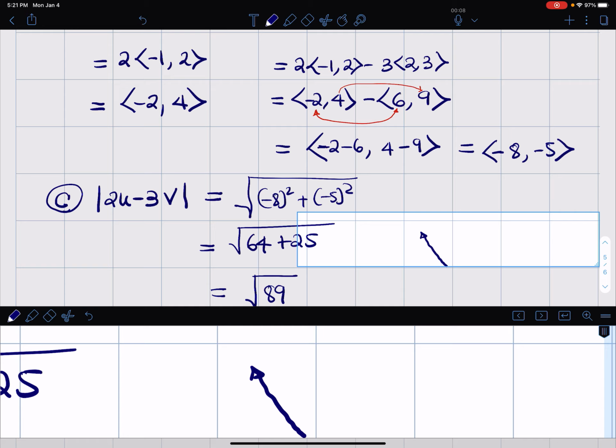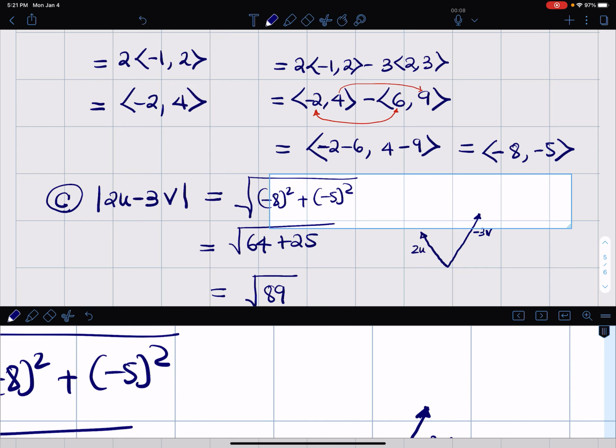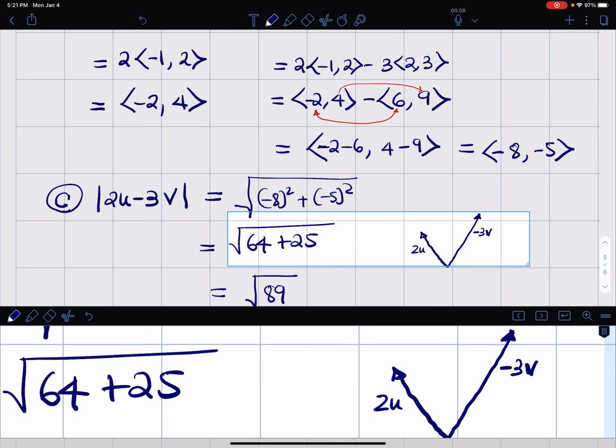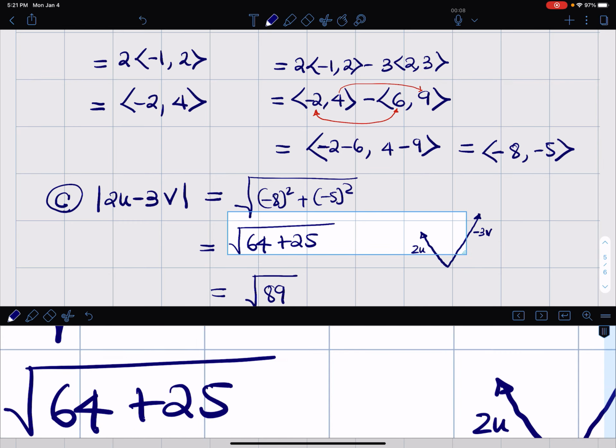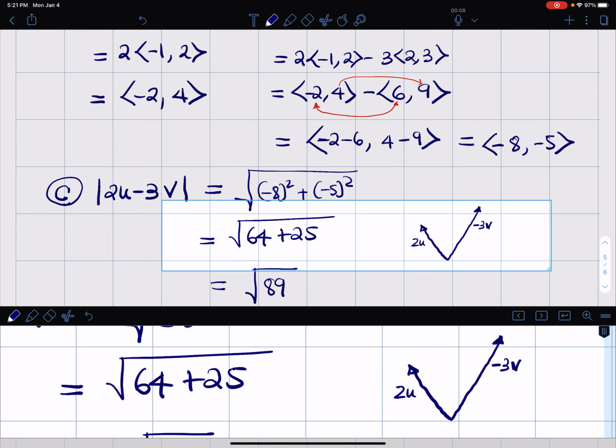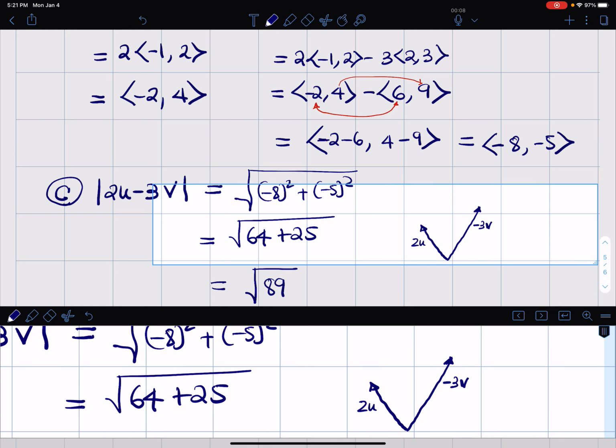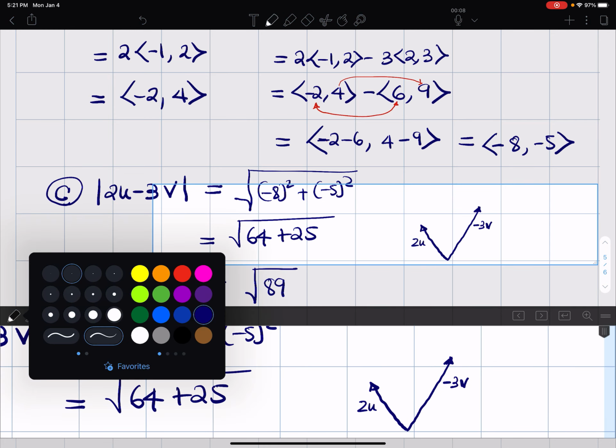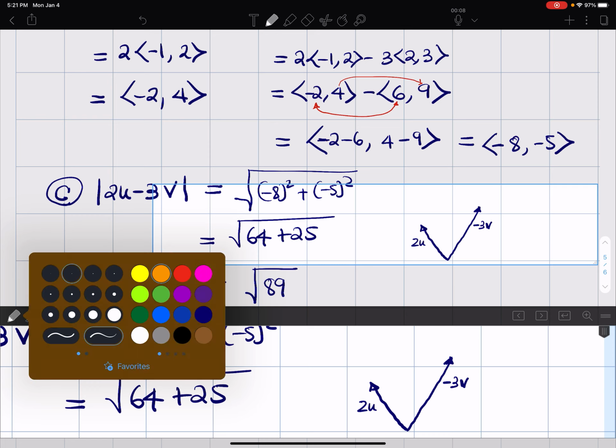Assuming this is 2u and this is -3v, I'm just reminding you of the parallelogram rule. We would complete the parallelogram.